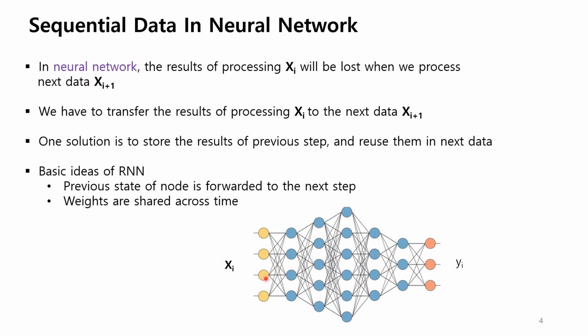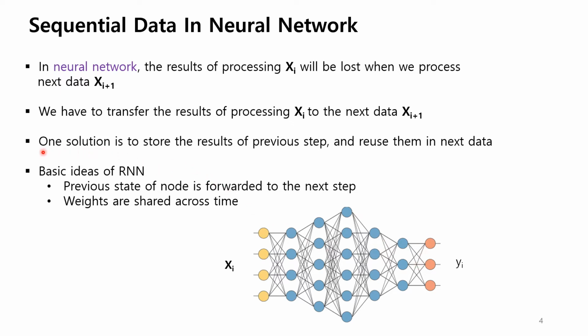This is the only input to this output of the network. So when you process xi, the result of this network is actually gone. That's the reason why this approach doesn't work.